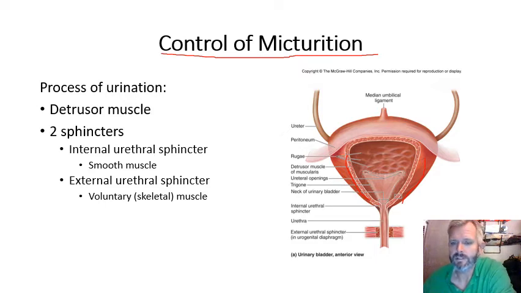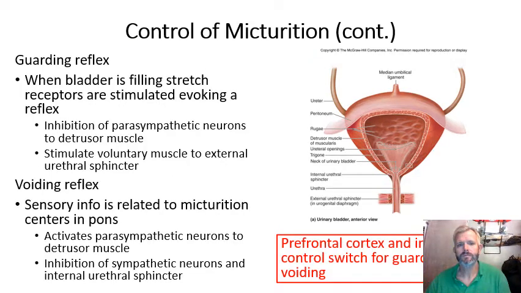So what happens is the bladder is getting full. We're making urine, and the bladder is starting to get full, and starting to get stretch on the bladder. So we really have two kinds of reflexive responses in the urinary bladder. When the bladder's filling, it's not full, we don't need to go to the bathroom.